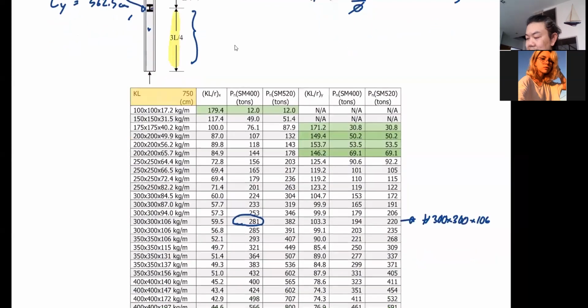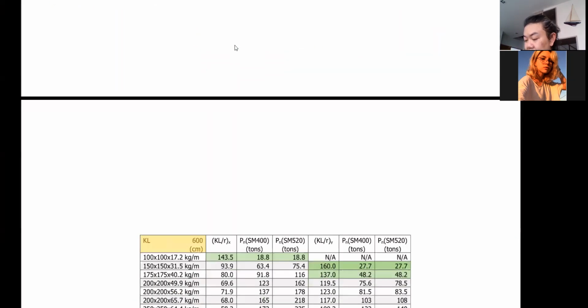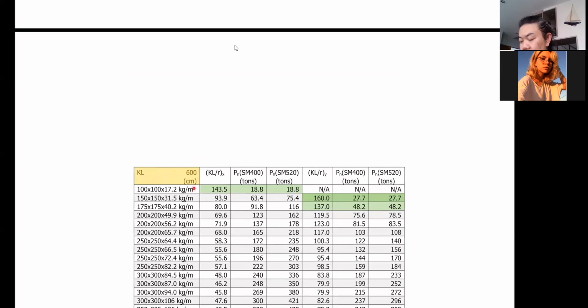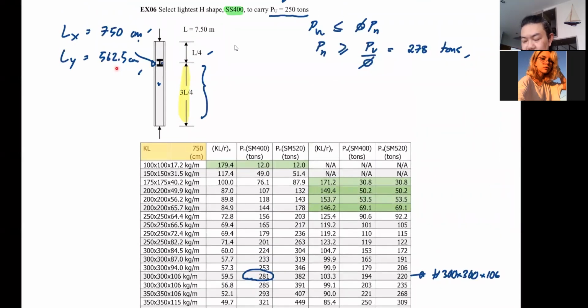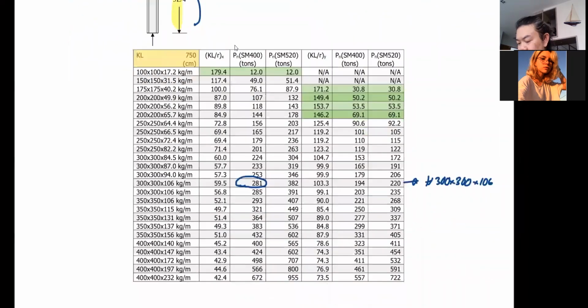And so when I enter this table for KL equal to 600, I will be on the safe side. Okay, because the approximate number that I will have from this should be higher than the one that we will calculate based on this number, because 562 is shorter than 600.